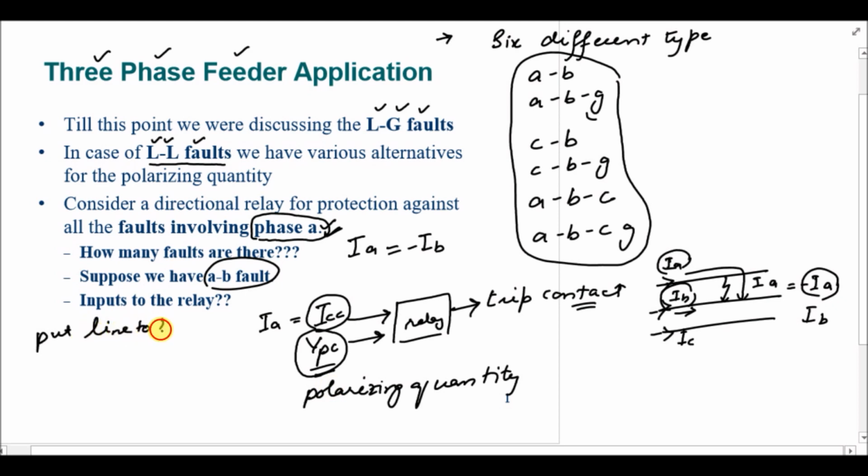Line to line voltage, and we have 3 different types of voltages: VAB, VBC, and VCA. And we will be drawing the phasors with respect to VAB, VBC, and VCA, putting each of them as a polarizing quantity in the phasor diagram. And the one that will be suitable for the directional relay will be decided at the end of the lecture.